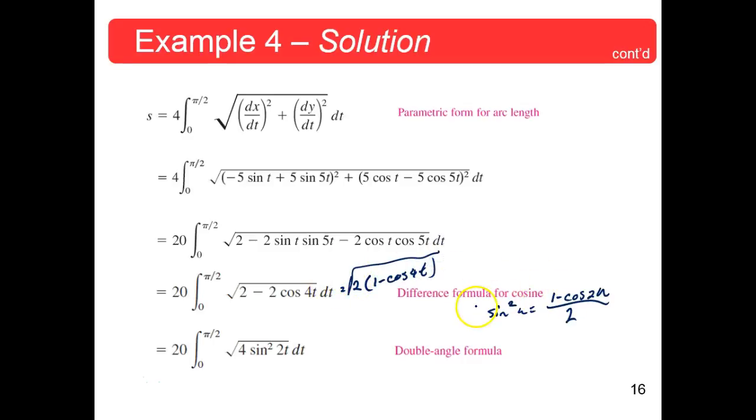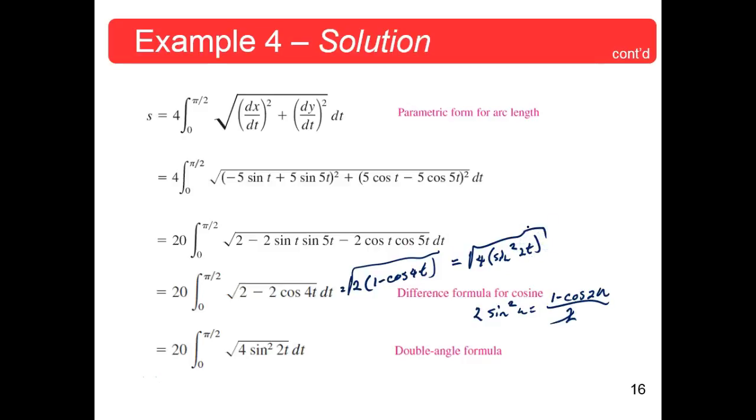Well, this tells us that 1 minus cosine 2u is 2 times sine squared u. So you had a 2 there, we get another 2 there, and that would be the square root of 4 times sine squared, and take half of that, and that would be 2t.